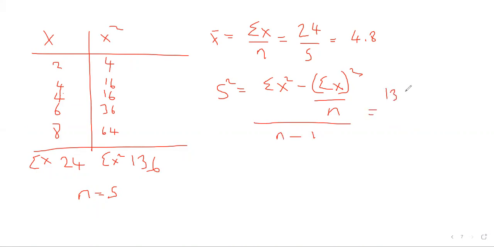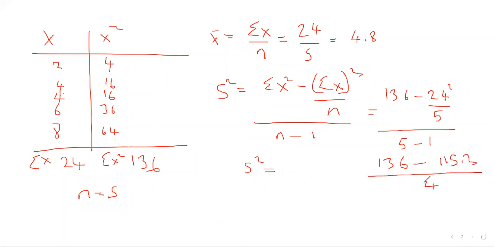So here we have 136 minus 24 squared over 5, everything over 5 minus 1. 24 squared divided by 5, we're going to get 115.2.